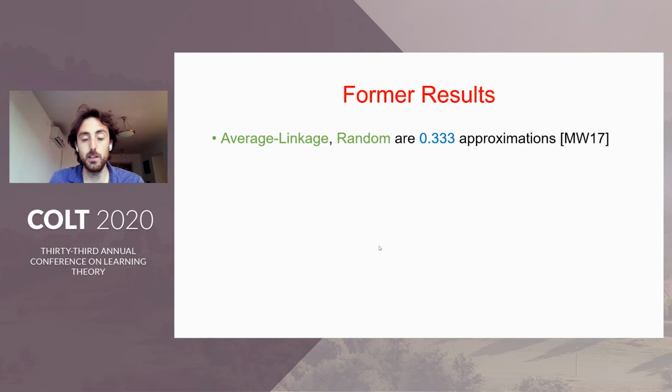The random algorithm is a top-down algorithm where at each point it takes a set and splits it randomly into two sets, thereby creating the HC tree. And Moseley and Wang showed that both of these algorithms are a third approximation.